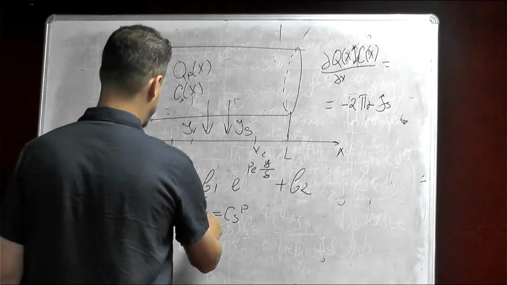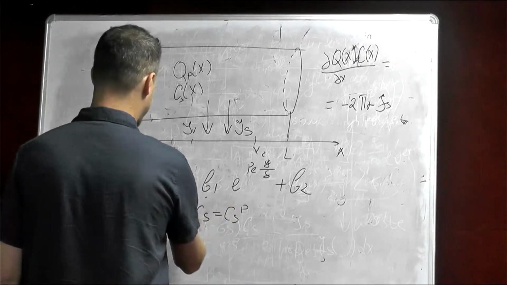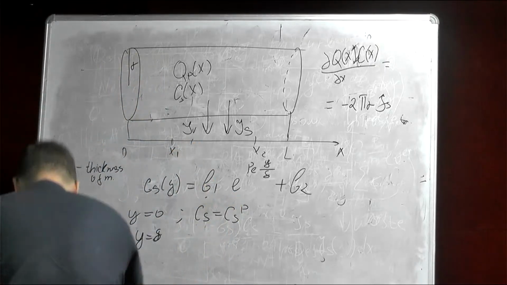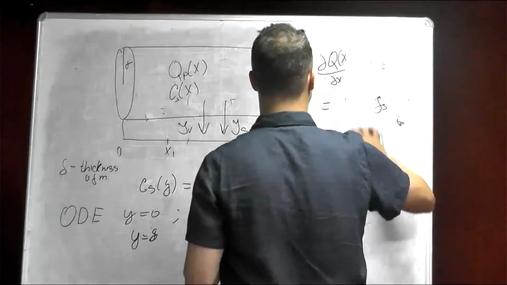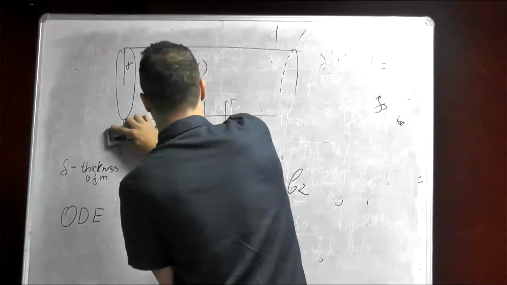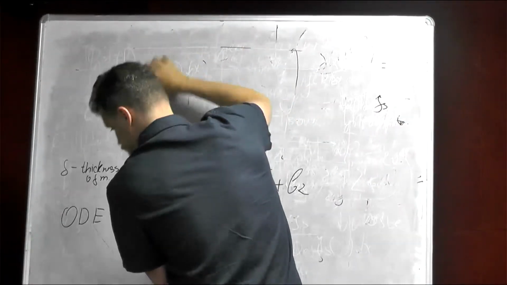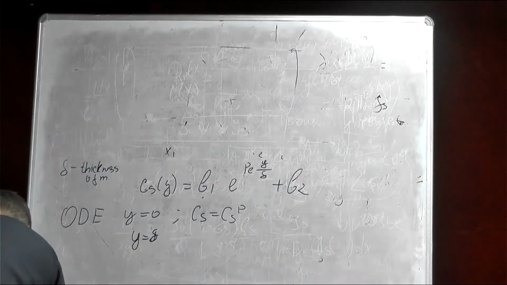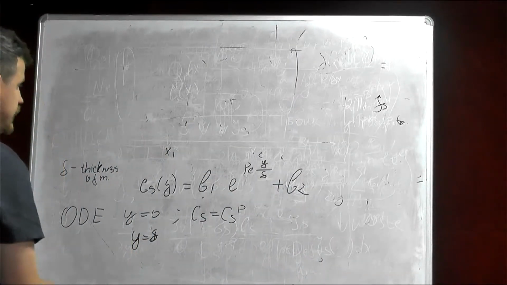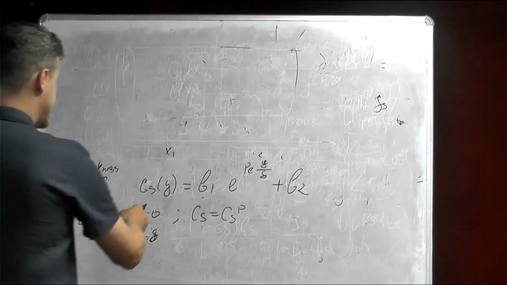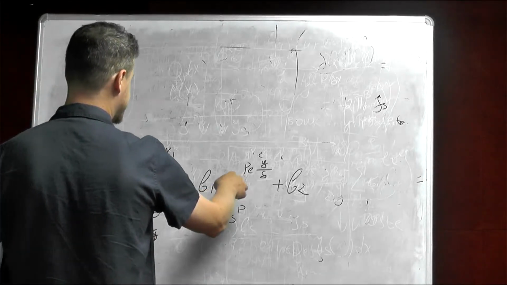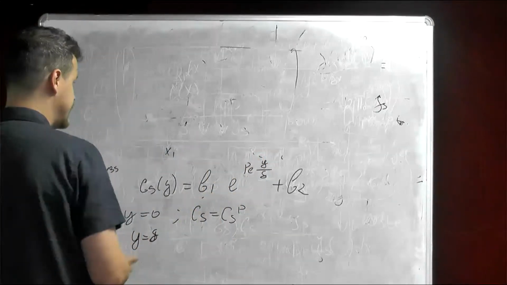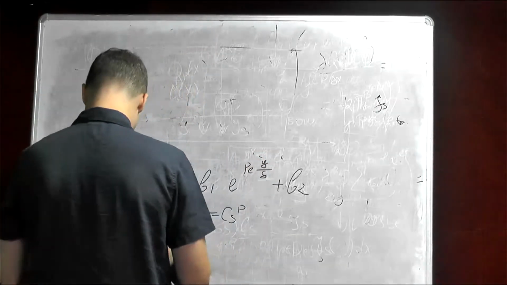Yeah, that's the absolute concentration equals the plasma concentration at the thickness. Yeah, let me just draw: B1 exponential of Peclet number y divided by delta, plus B2.